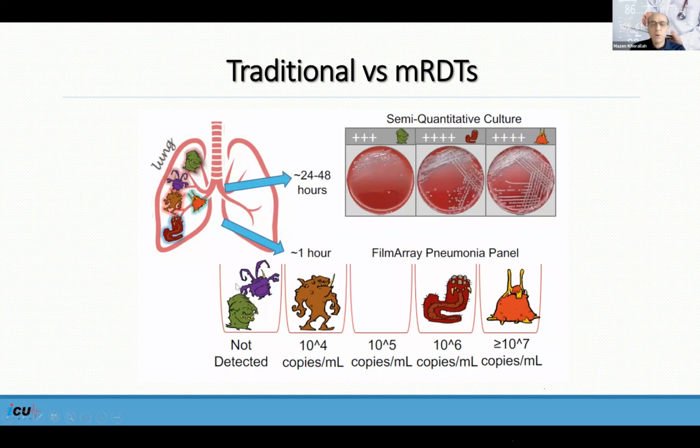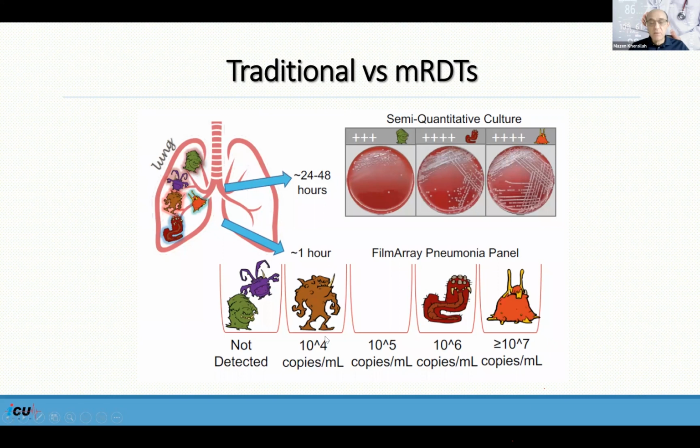And then when we get the results, we either detect it or not detect it. So you can see here that we have 2 organisms that are not detected. However, we have 3 other organisms among the 5 that we targeted. Those are detected.